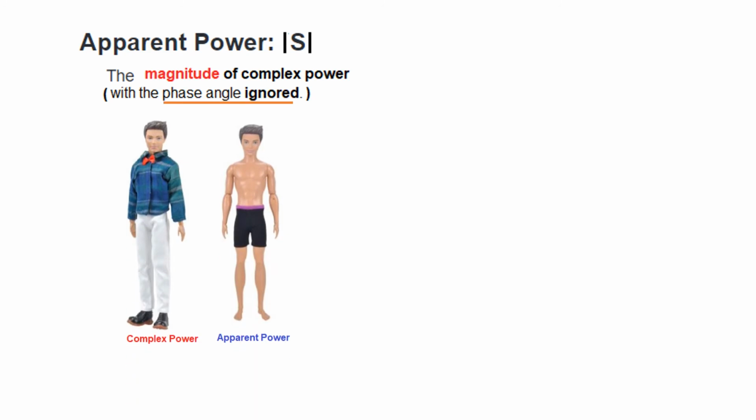You see, this guy with the uniform, or with the phase angle, we can say, is the complex power. And when you delete the phase angle, like this was the formula for complex power, Vrms, Irms, if we ignore the angle or remove the uniform, whatever is left is apparent power.